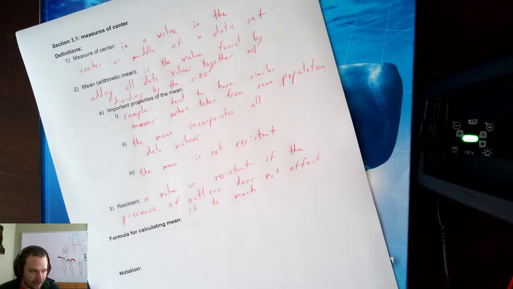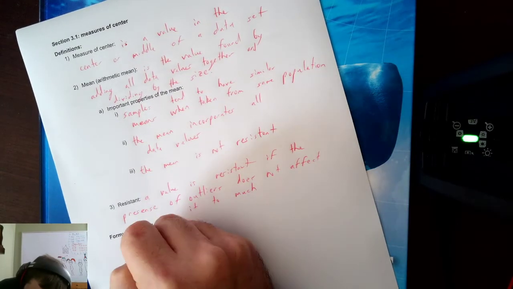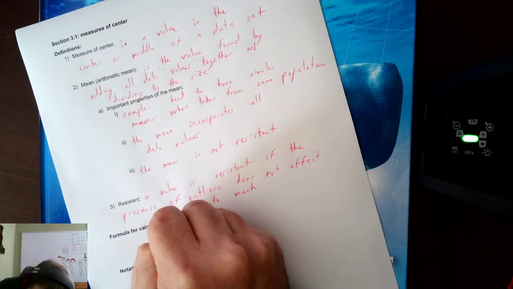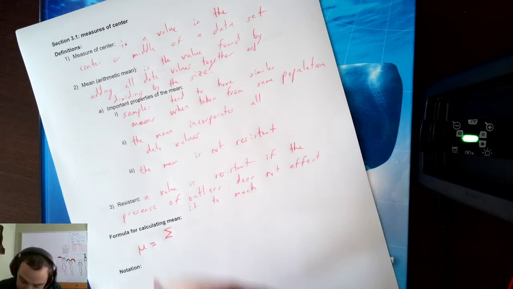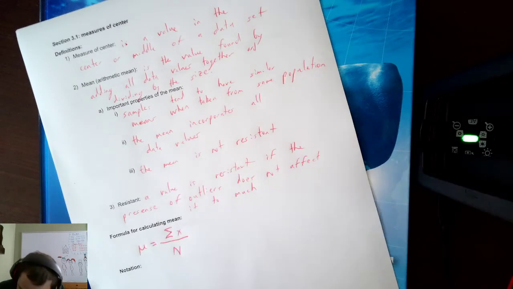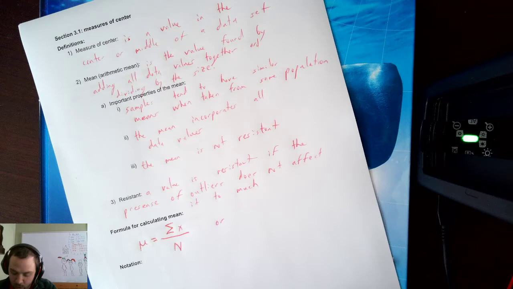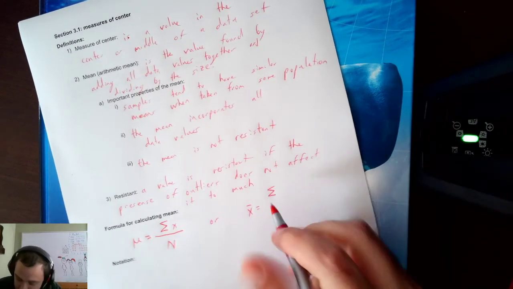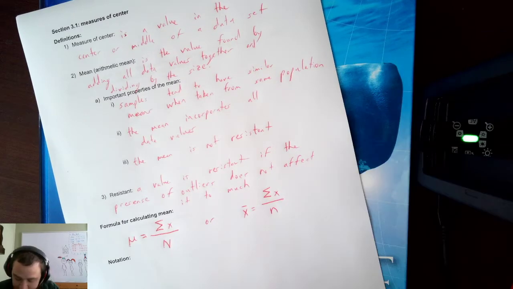The formula for calculating the mean, well, the mean has two symbols. The first, we're going to say mu equals this weird symbol, which is called sigma, of x over capital N, or, and we'll talk about what these mean in just a moment, x bar equals that same sigma symbol, x over little n.